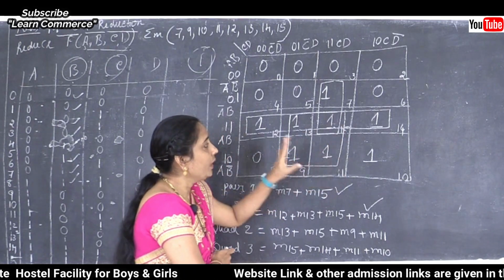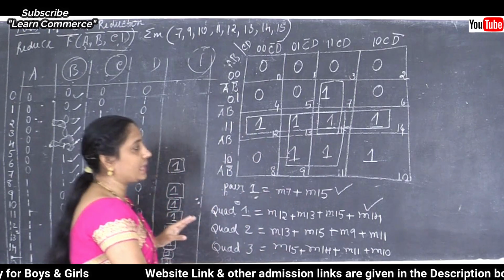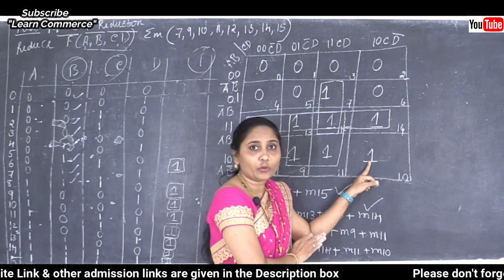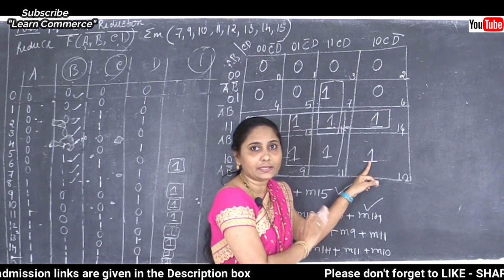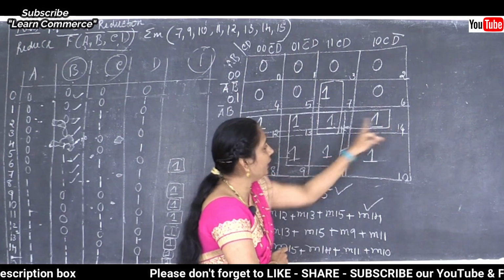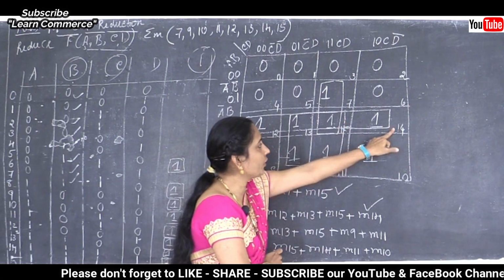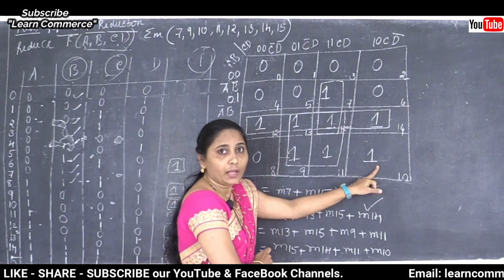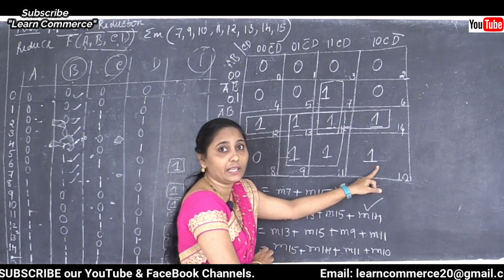Not just the quad 2, one more quad is there when you think about this one. Correct? This one, still here we didn't take such one. So I already took 14, 15, 11. Now by taking this one, I am again going to make it as the quad.